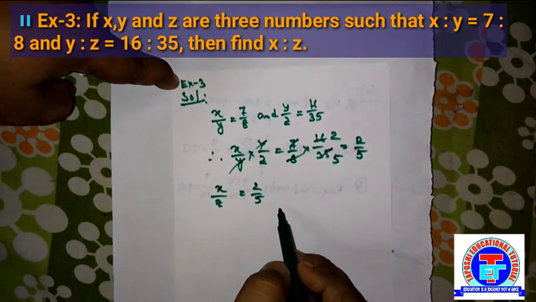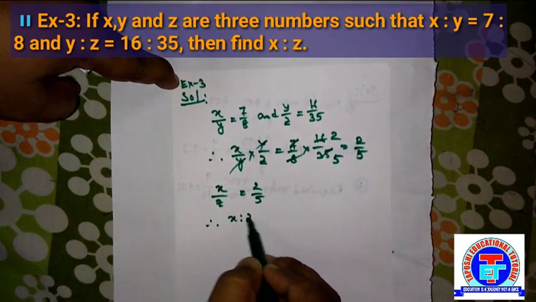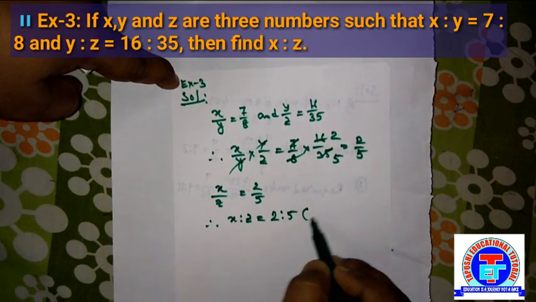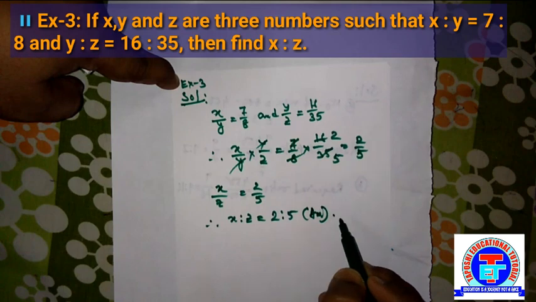Therefore x is to z is equal to 2 is to 5. This is the answer for this question.